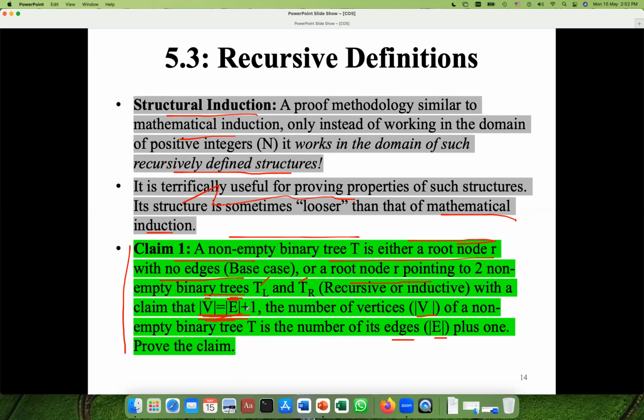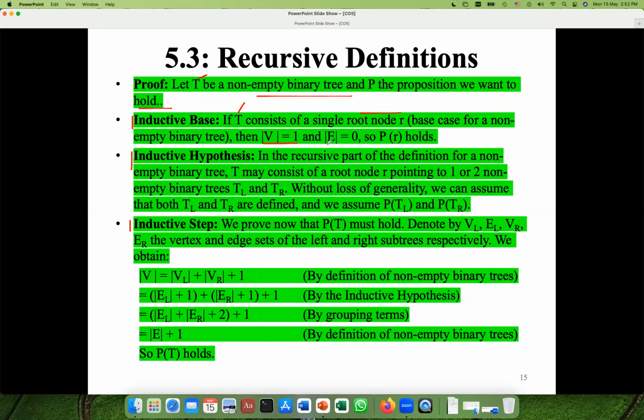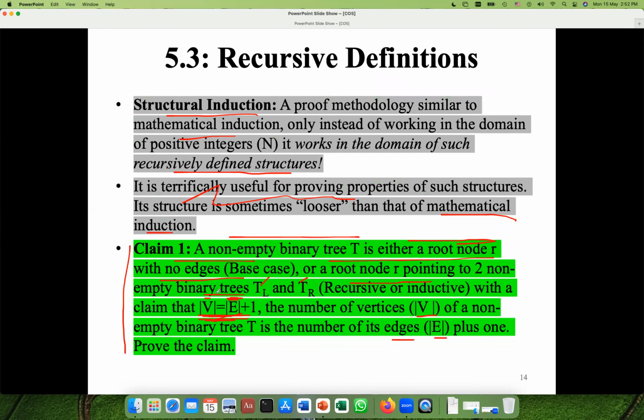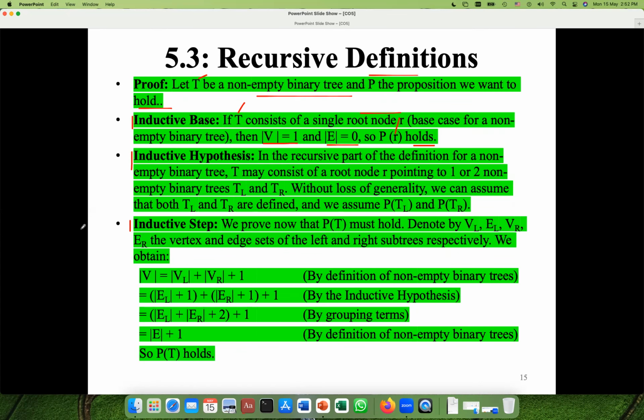So this is true. We can say that this proposition P for the root node holds, because the left hand side is 1 and the right hand side is also 1. Number of nodes for a single root node is 1. Edges 0 plus 1 is also 1. So that's why I am saying it. Inductive hypothesis.